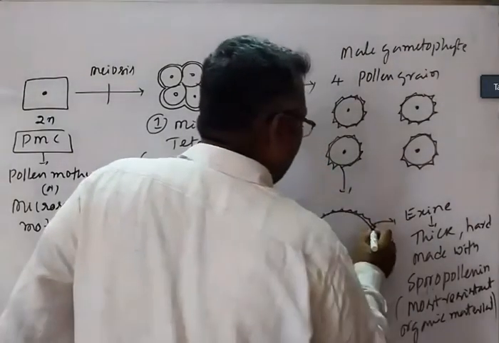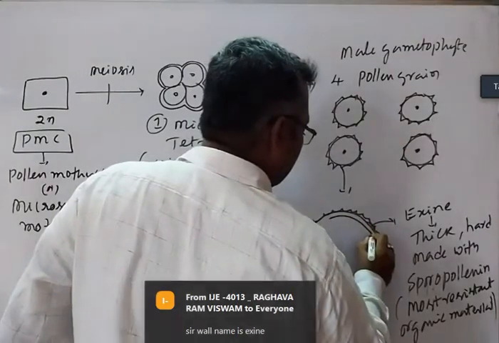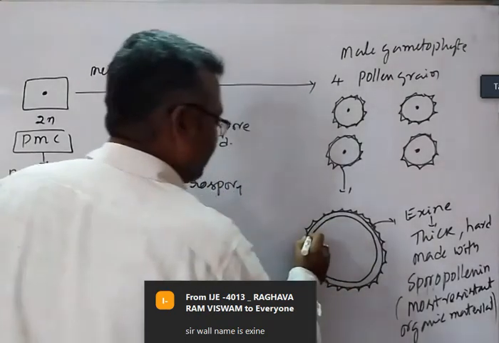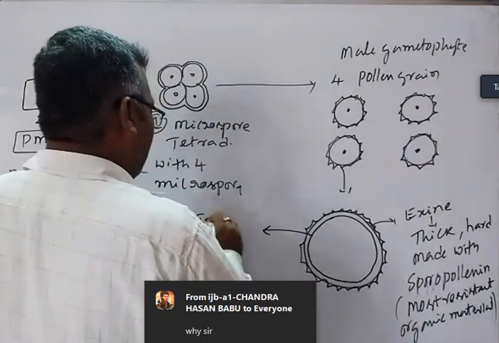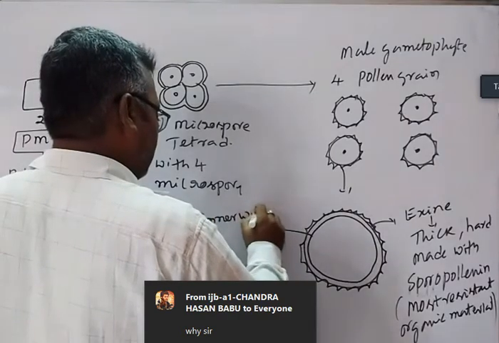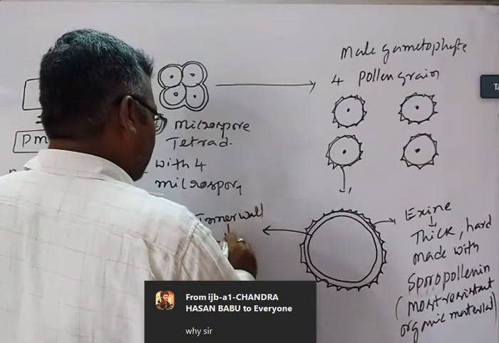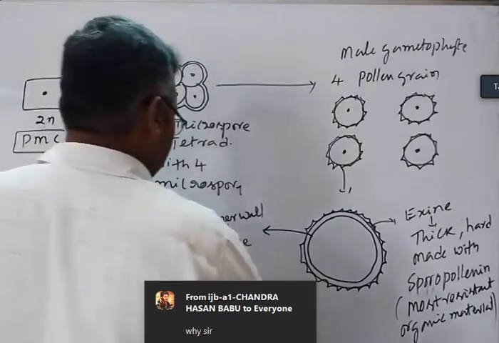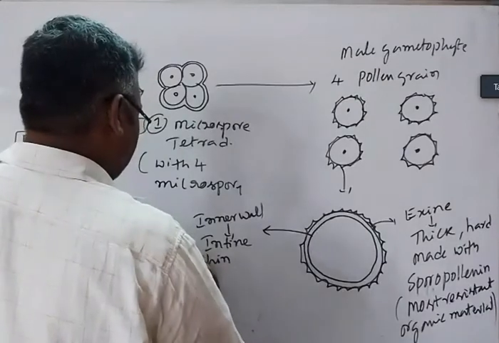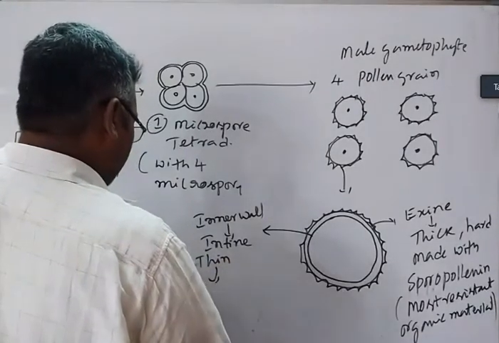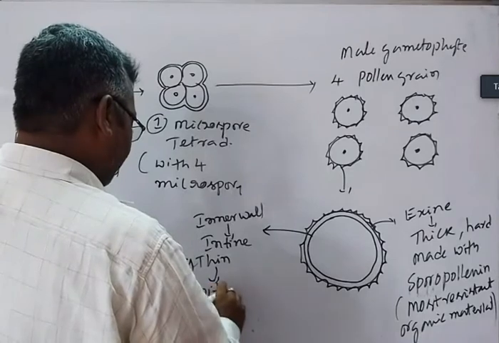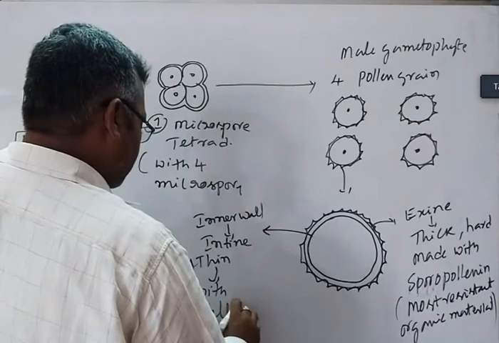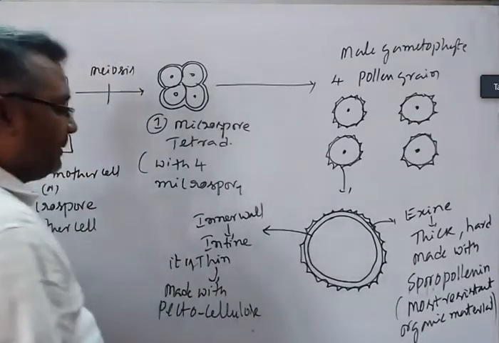And the inner wall is called intine. It is thin and made with pectocellulose, means pectin plus cellulose.